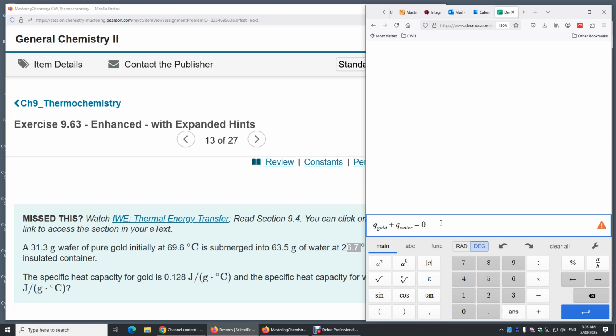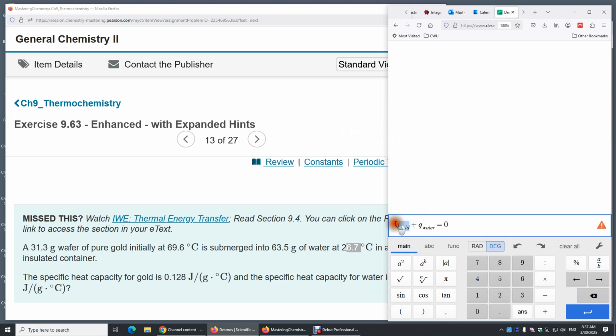So I'm going to get back to my initial equation over here. Q gold is going to be the mass of gold times the specific heat capacity of gold times the temperature change of gold. Q water is going to be the mass of water times C sub S of water times delta T of water. So we're just plugging numbers. Q gold: the mass of gold, C sub S of gold, and over here the temperature change.